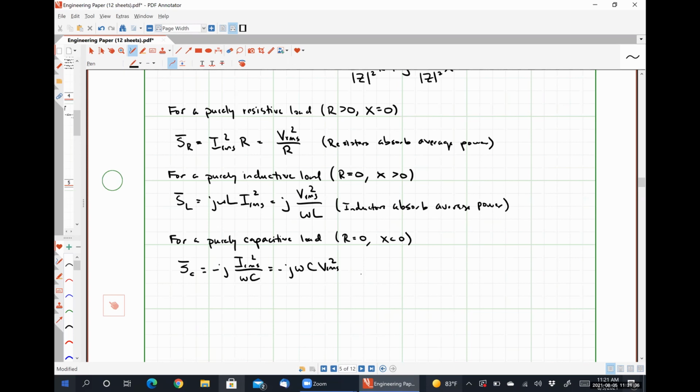So capacitors always supply reactive power. I'm making mistakes left and right here. I apologize for that. All right, so that's the last of the relationships.